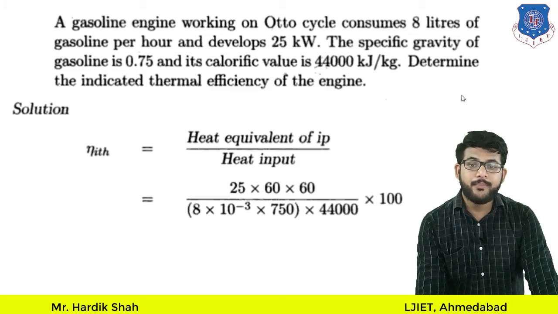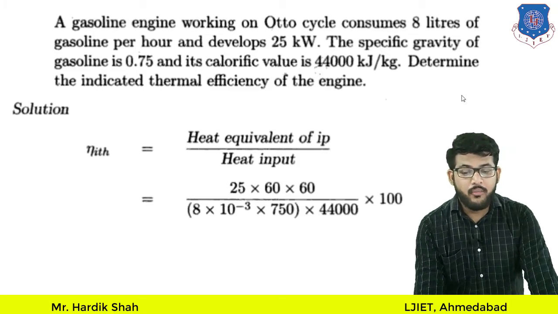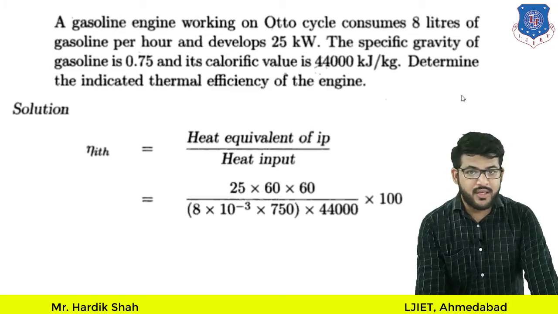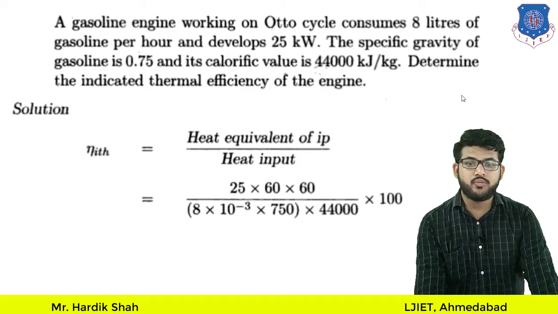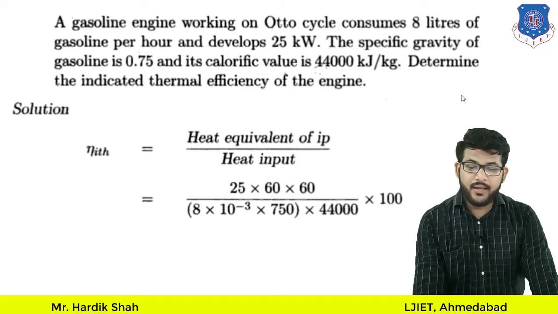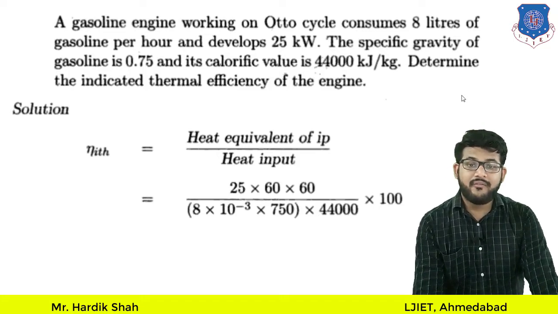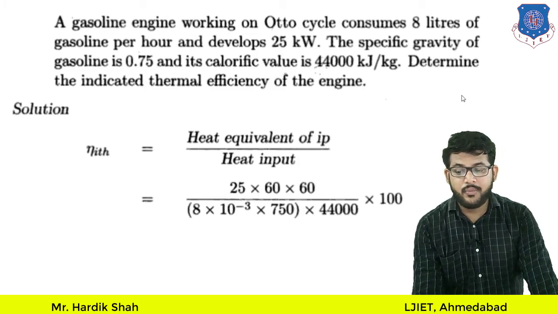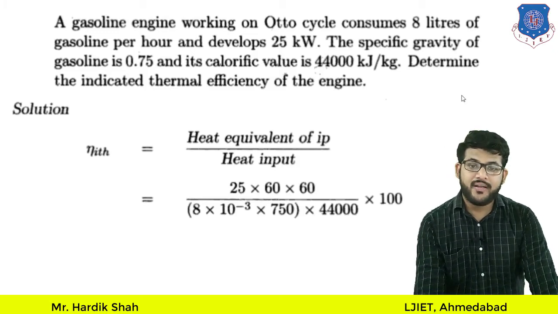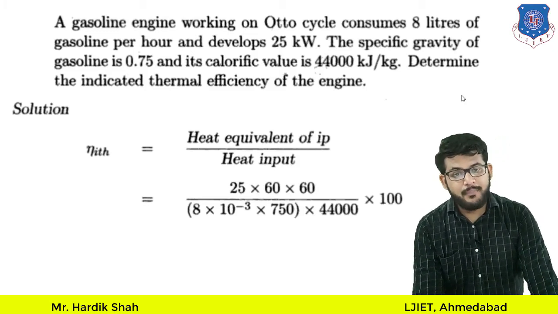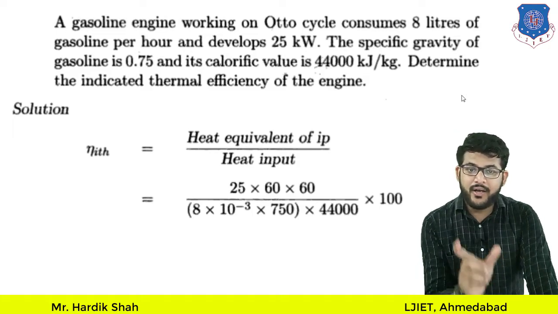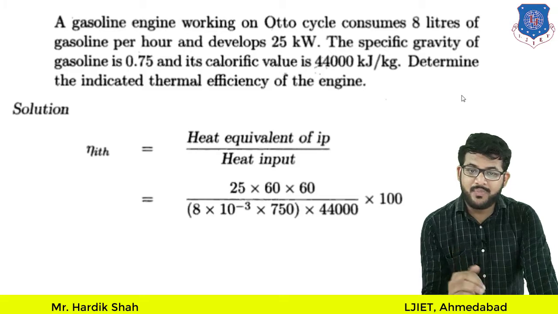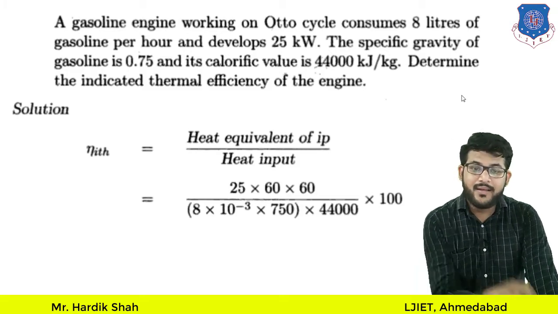What is the heat input? It is a simple formula given by MF into CV. MF is given as 8 liter, we need to convert it, so it will be 8 into 10 raised to minus 3, into the specific gravity, that is 0.75. So MF into specific gravity, that is 750. So we will find the total fuel consumption as per the given specific gravity, into CV.